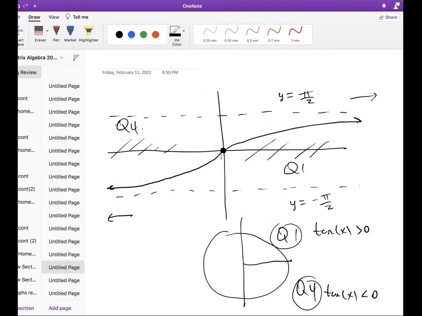When we do graphing, I won't have a graphing problem with arctan. But I think just knowing that arctan looks like this would be very helpful, to remember that arctan is bounded. That's an important fact: arctangent is bounded.